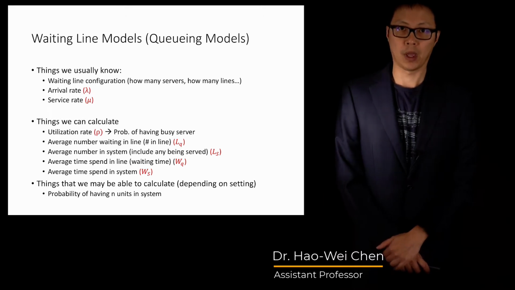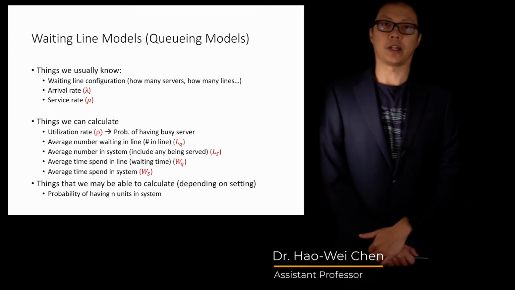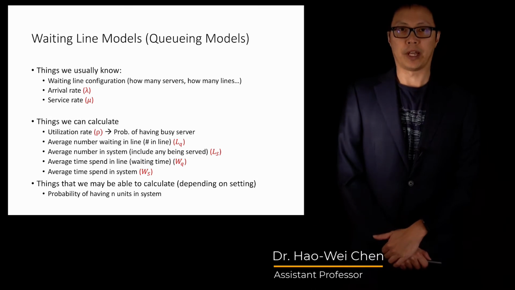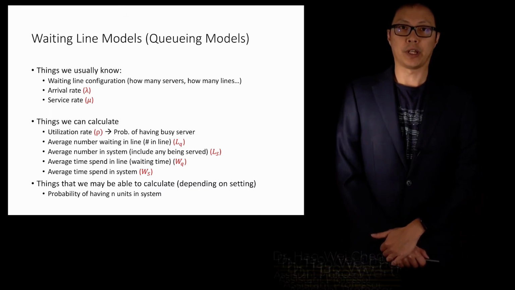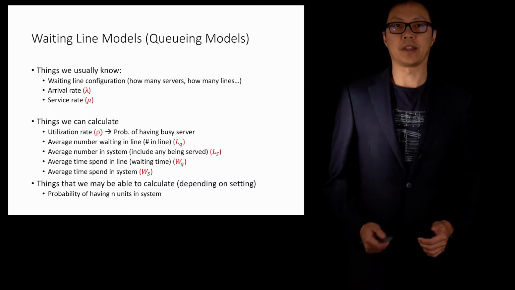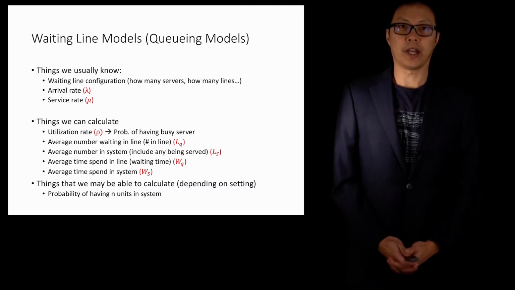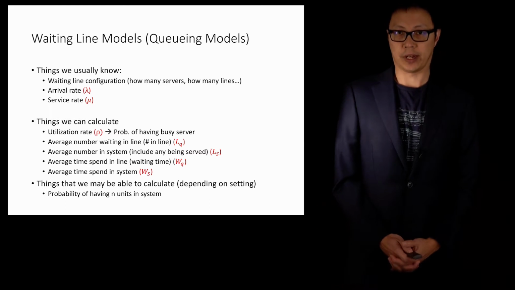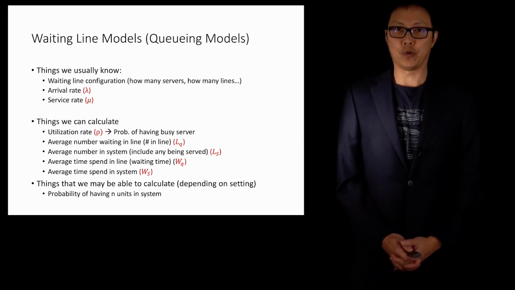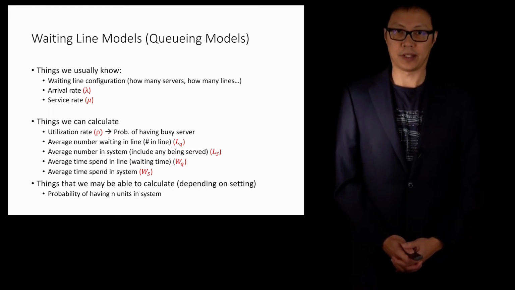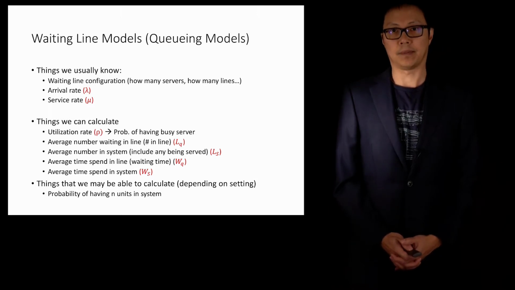Once we know the basic setting of the queue, we can calculate its performance. The first thing we usually calculate is the utilization rate, denoted by rho. The utilization rate also represents the probability that the server is busy. Secondly, we can calculate the average number of people waiting in line, denoted by LQ, and the number of people in the system, denoted by LS.